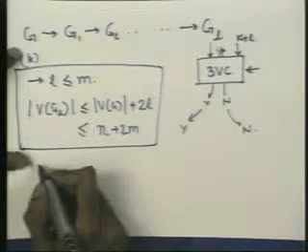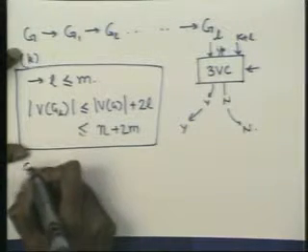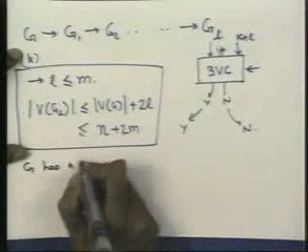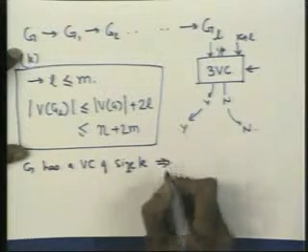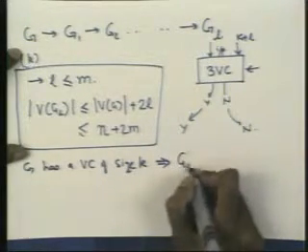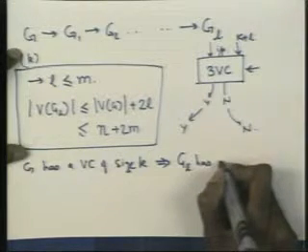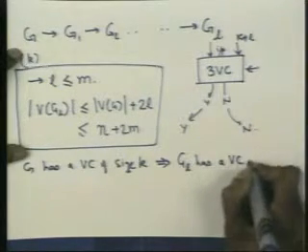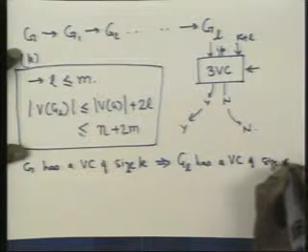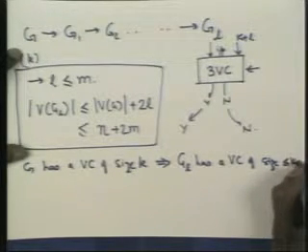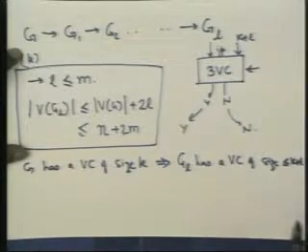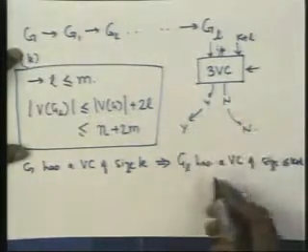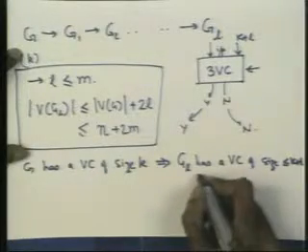So this implies that GL has a VC of size less than or equal to k plus L, right? So this has a vertex cover of size at most k plus L, so it will say yes. So this answer will be yes.